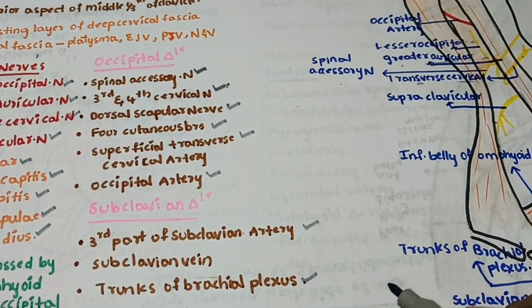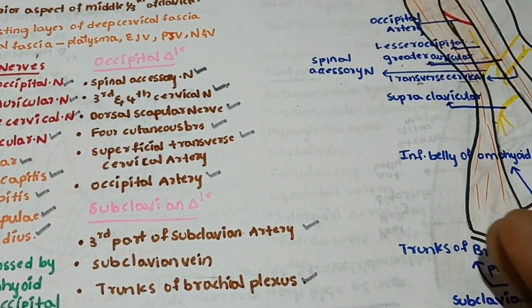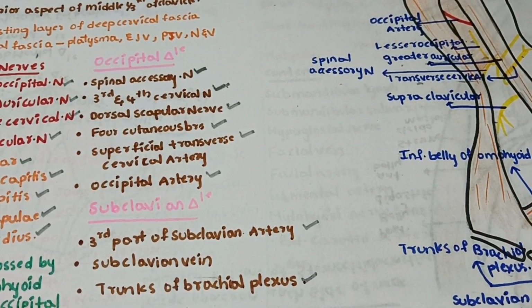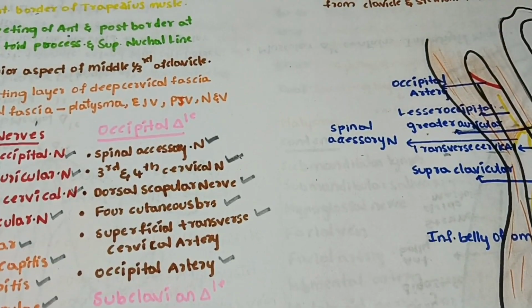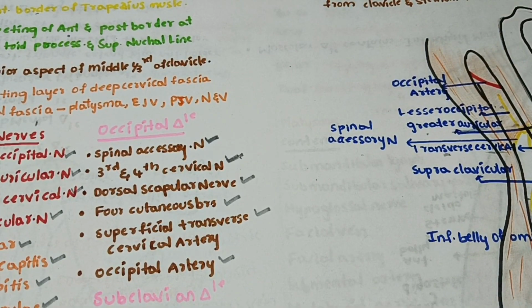The subclavian artery is the major artery containing 3 parts, first, second and third. The third part is present in the subclavian triangle. Along with that we have the subclavian vein, trunks of the brachial plexus and some lymph nodes. These are the structures of the occipital and the subclavian triangle.